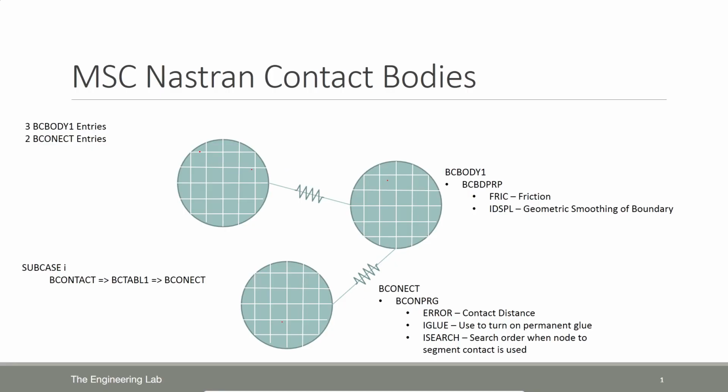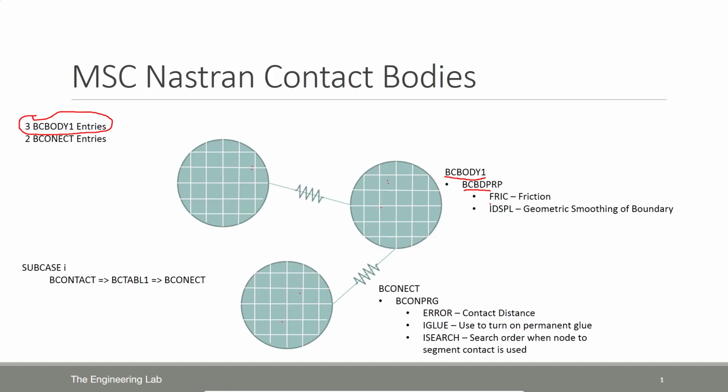For each meshed body that you want involved in the contact analysis, you have to define what's called a BCBODY1 entry. Since in this contact analysis we have 3 contact bodies, we need to define 3 BCBODY1 entries.